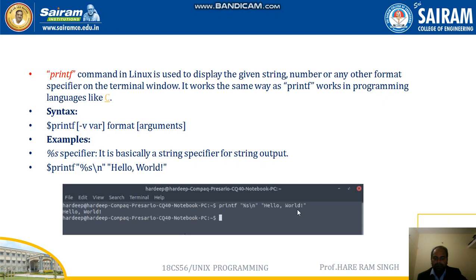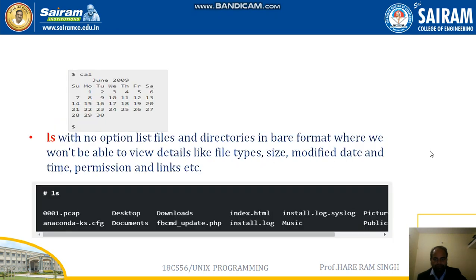Now just see here: printf "%s\n" "hello world". It works the same way as in C, and it works in the Unix operating system. If you type that, at the place of percentage s, that string, hello world, will be printed. So hello world. That's all.